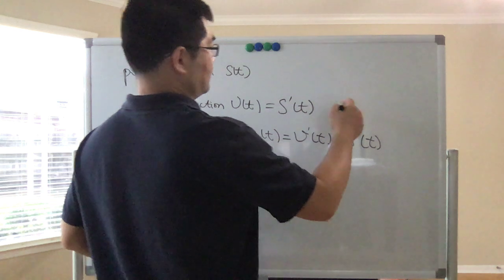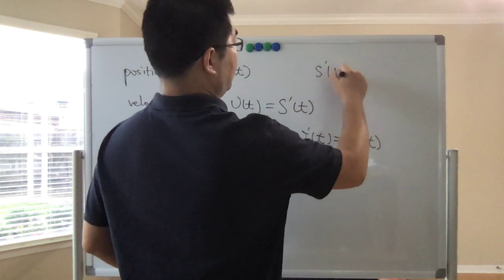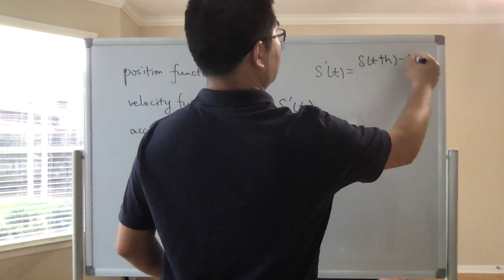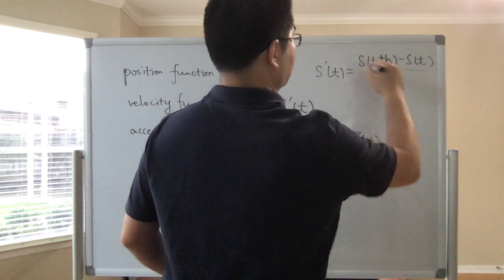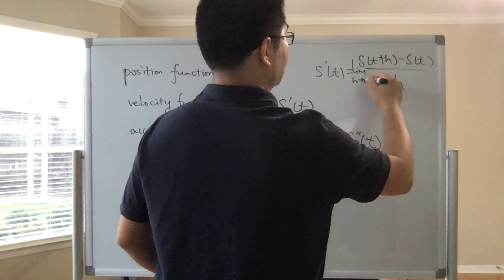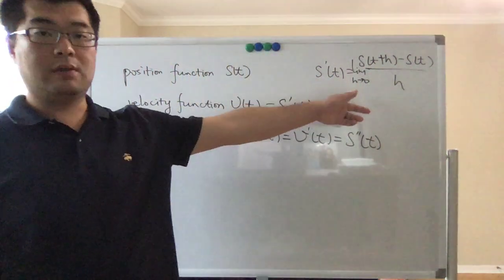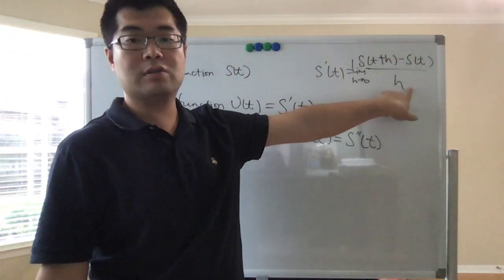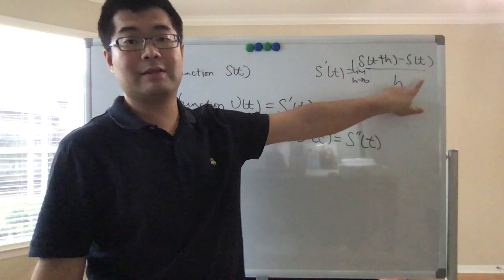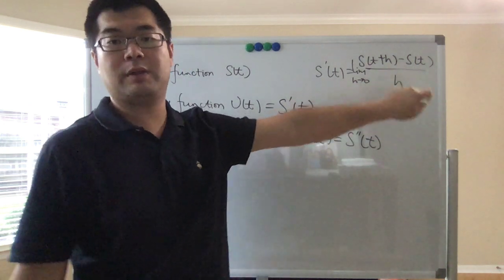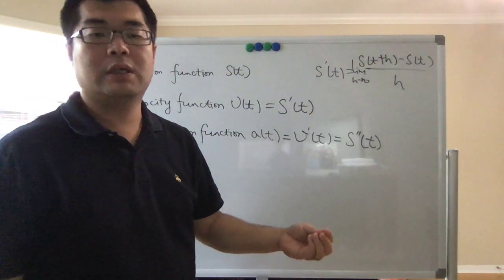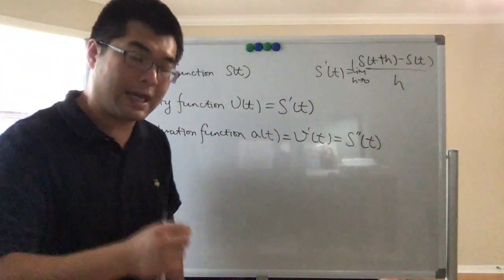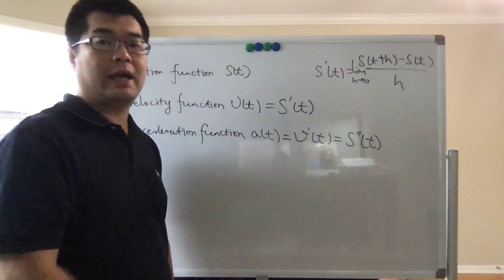So let me write it out here. f prime is exactly the limit as h approaches 0 of s of t plus h minus s of t over h. If we block this part, this is going to be the average velocity between the time interval from t to t plus h. As h approaches 0, you're going to get the derivative, that's exactly the instantaneous velocity at that moment t.